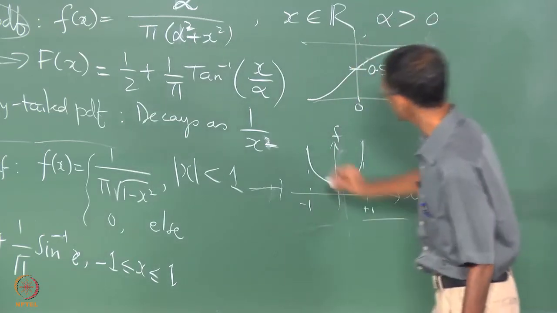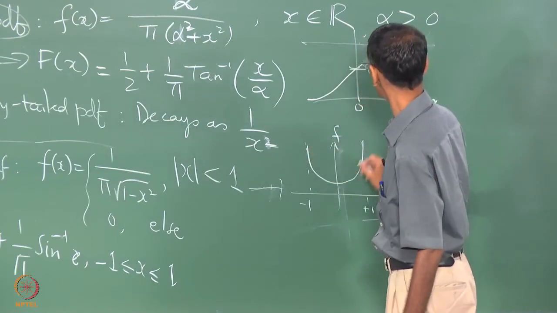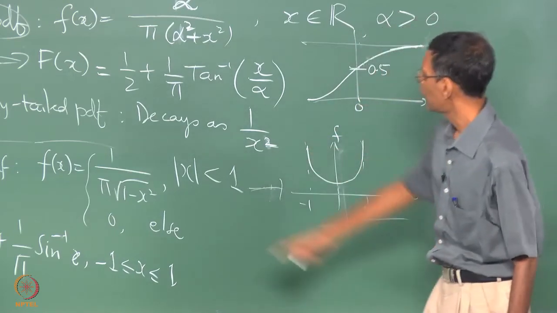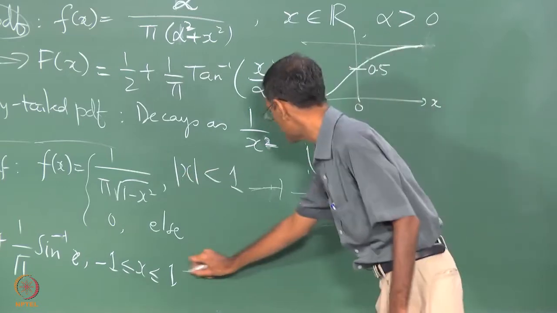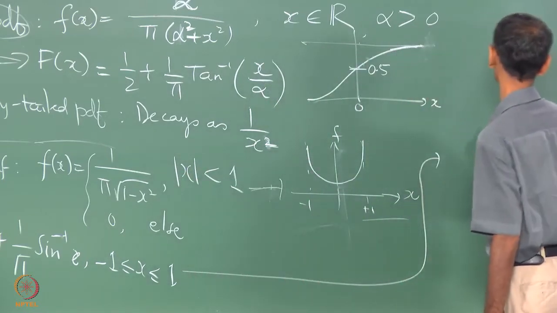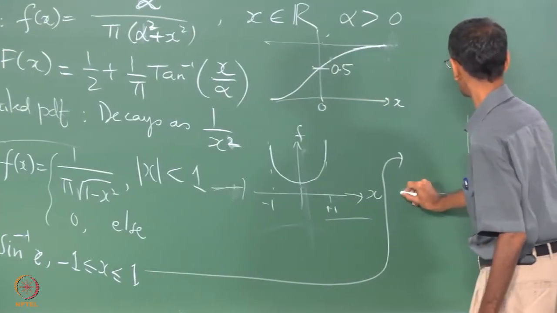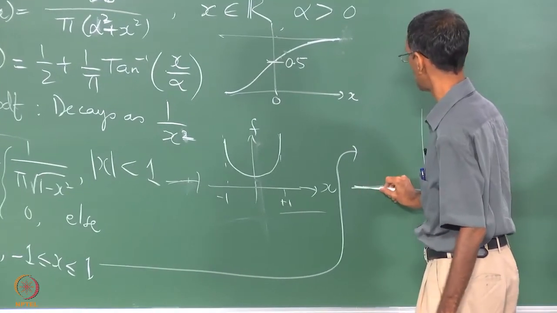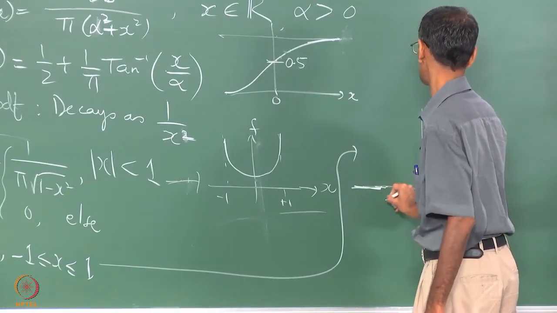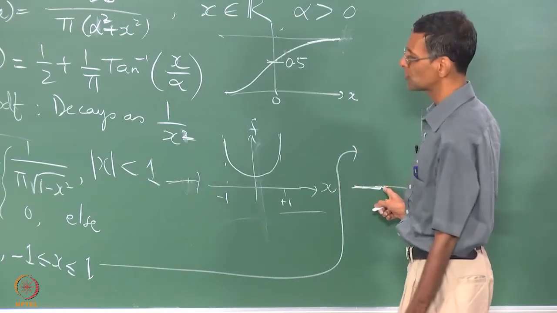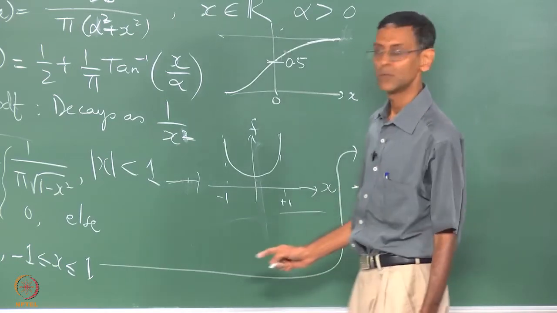And as a consequence of this going to plus infinity here and here, what does this capital F look like? It will take off, go up from minus 1. This is the portion where it is 0.